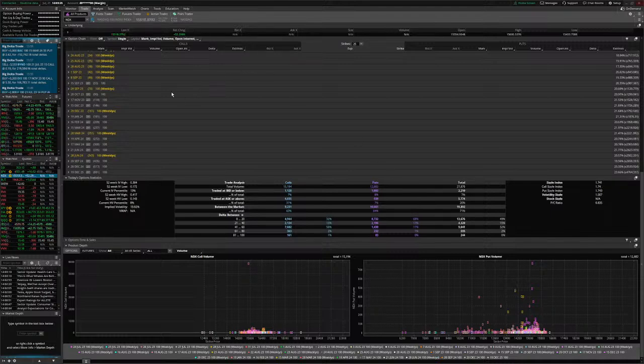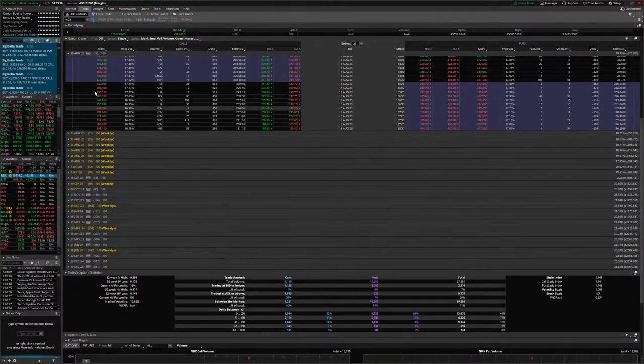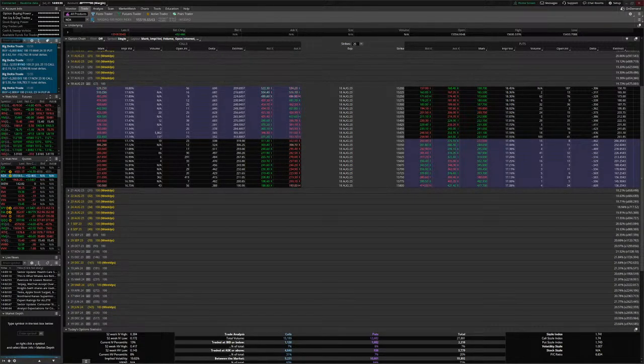So we can go to 18 August. And the time that I looked at this, when I got back from lunch, this number was about 4,700, something like that. So right now, that's the volume for today.